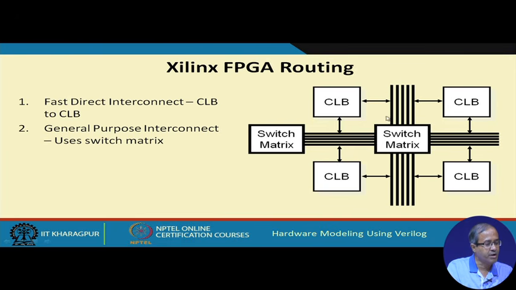Like one wire of this can be connected to a wire here, and the CLBs are connected to these wires. So, by suitably programming the switch matrix and connecting the CLBs to these, we can make any kind of connection, say the output of this CLB can be connected to the input of this CLB. Okay. So, this is also programmable routing interconnection.